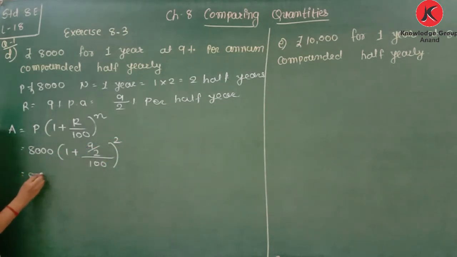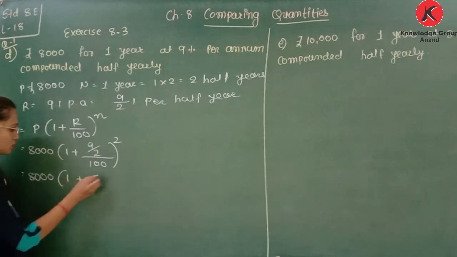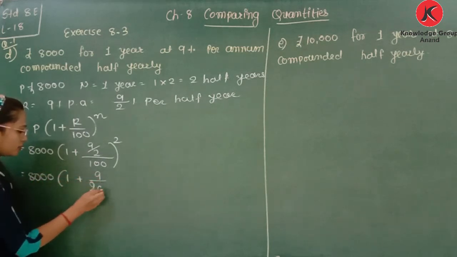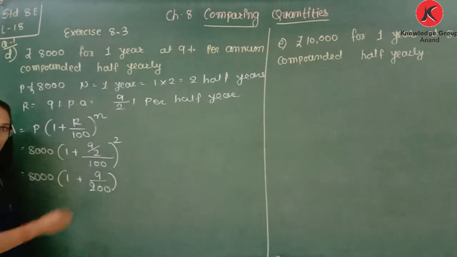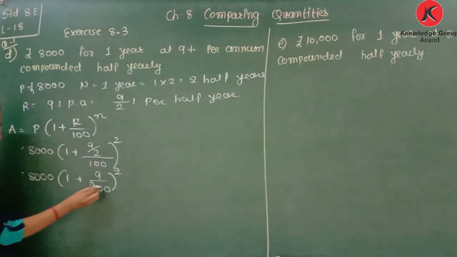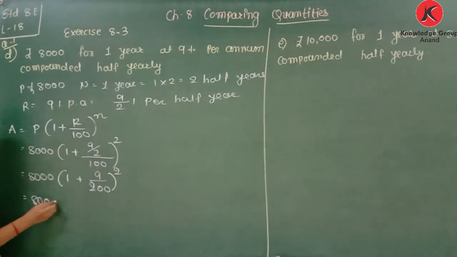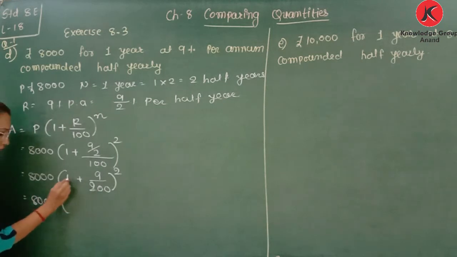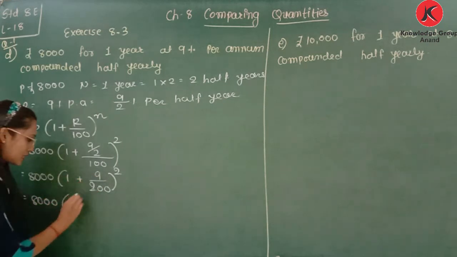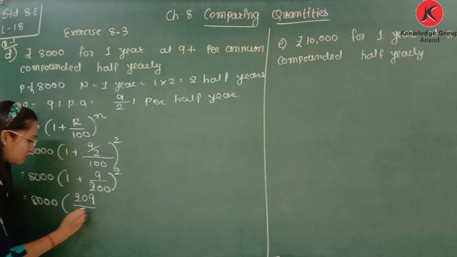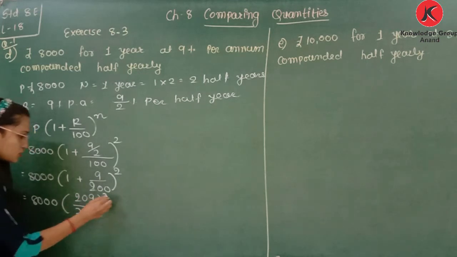Now, 8,000. Here we get 9 by 200, because the 2 is multiplied with 100. So 1 plus 9 by 200: 200 ones are 200 plus 9, 209, divided by 200, raised to 2.